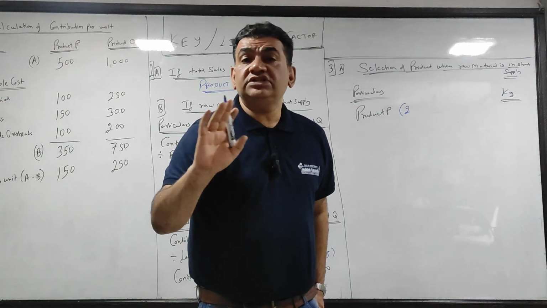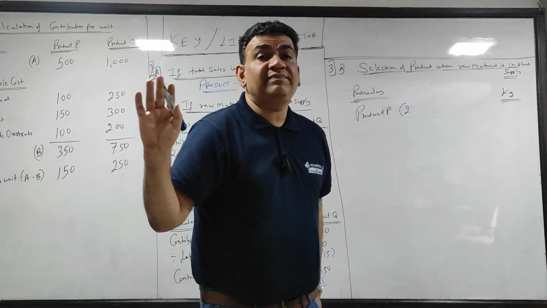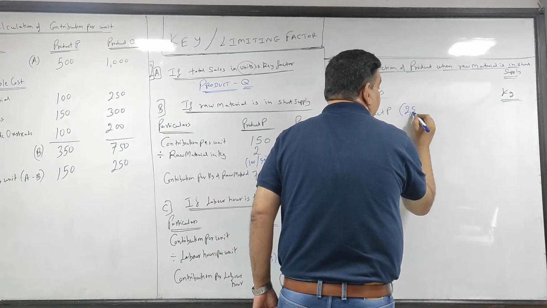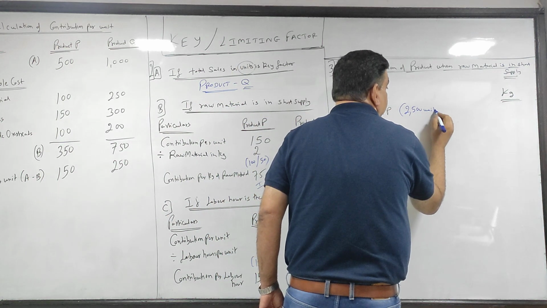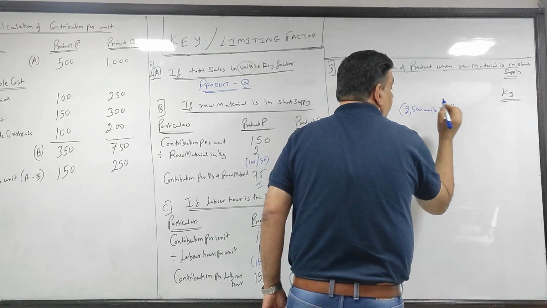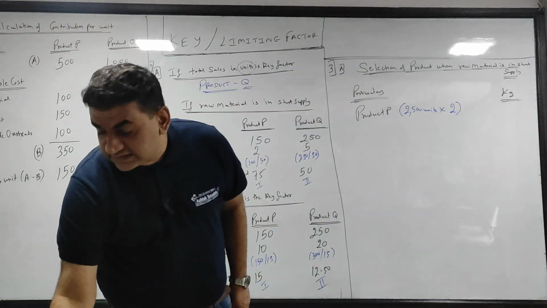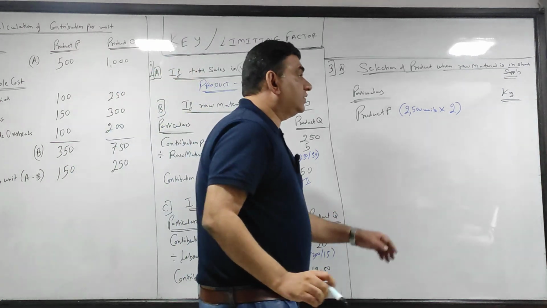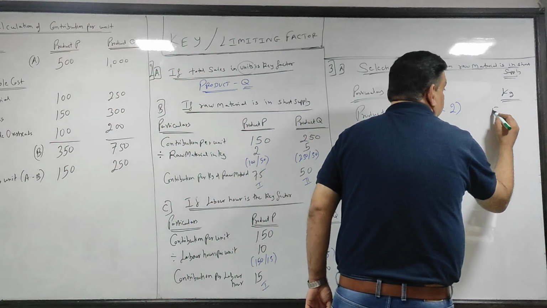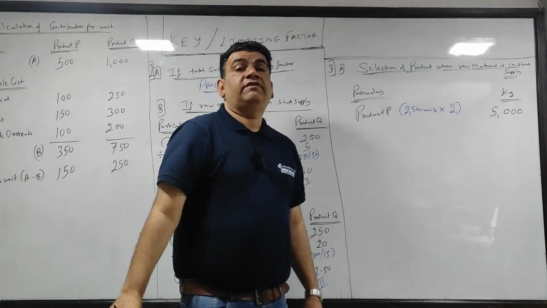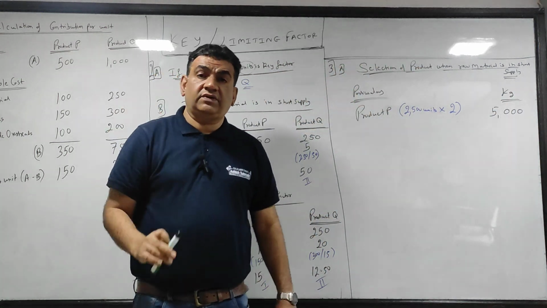P में 2500 यूनिट से ज्यादा मैं प्रोड्यूस नहीं कर सकता. So 2500 units into 2 kg per unit. So कितना हुआ? 2500 into 2, 5000.